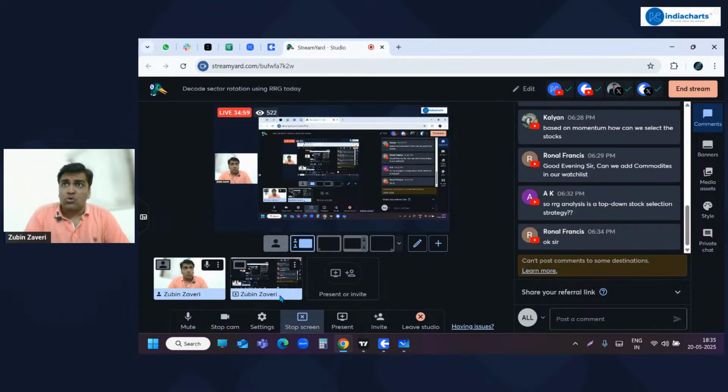Now you check the CNX Auto RRG chart, and see where Maruti is, and you can compare the performance of Maruti with other auto stocks, and also with the benchmark auto index.